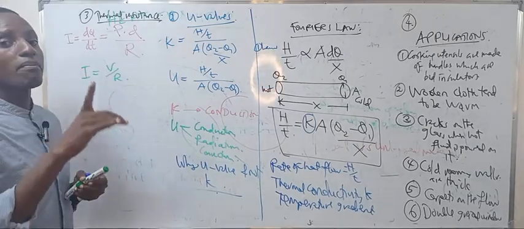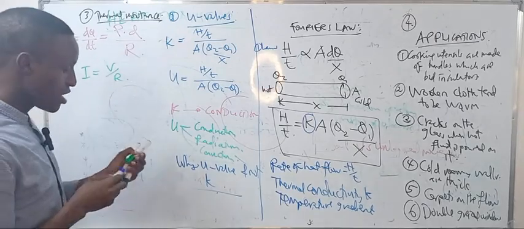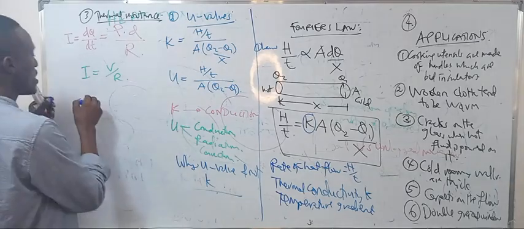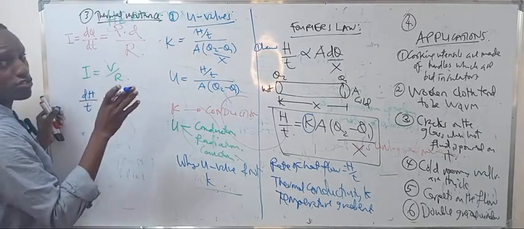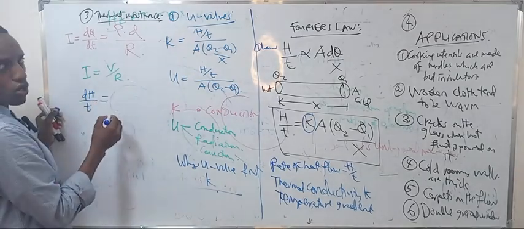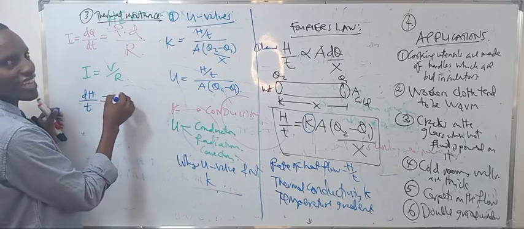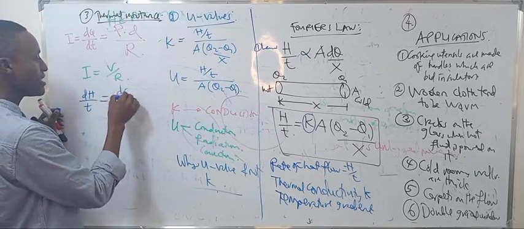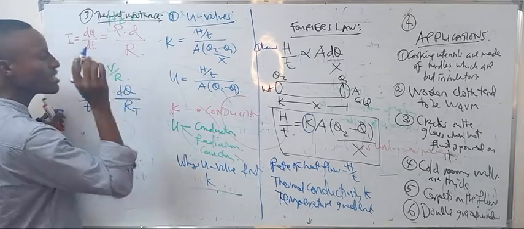So the same applies to the rate of flow of heat. We have the thermal resistance. The rate of flow of heat, the heat flowing per time, is just equal to the temperature difference over the thermal resistance.